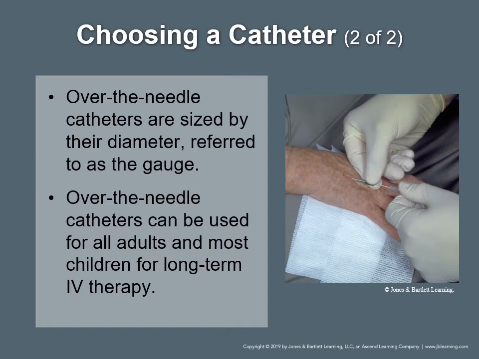Over-the-needle catheters can be used for all adults and most children for long-term IV therapy. A contaminated stick occurs when an advanced EMT punctures his or her skin with the same catheter that was used to cannulate the vein of a patient. Newer over-the-needle catheters use several different methods to protect an advanced EMT from the possibility of a contaminated stick.